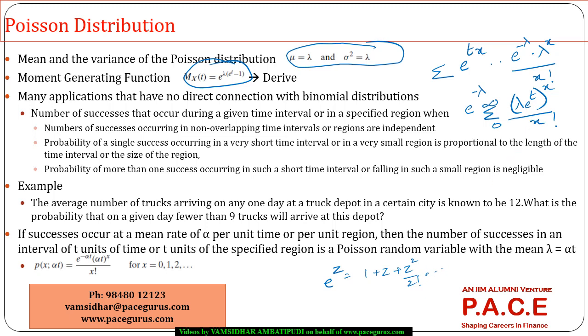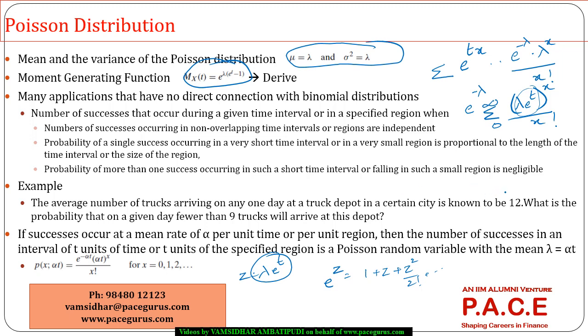So if you are looking at lambda e power t, I can look at it as e to the power of z, where in this case z is lambda e to the power of t.